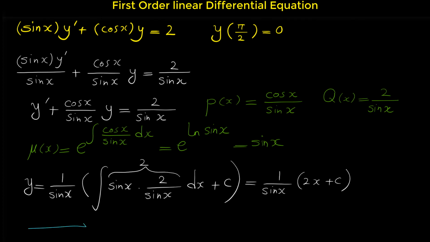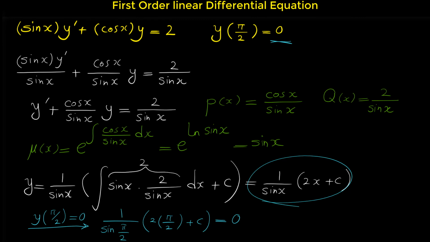So if we use this given condition, we have 1 over sine of pi over 2 times y, 2 times x, 2 times pi over 2 plus c, this should equal 0. Note that we have to plug in 0 for y, so this should equal 0.